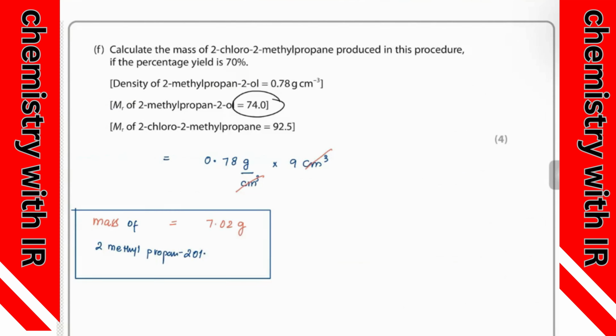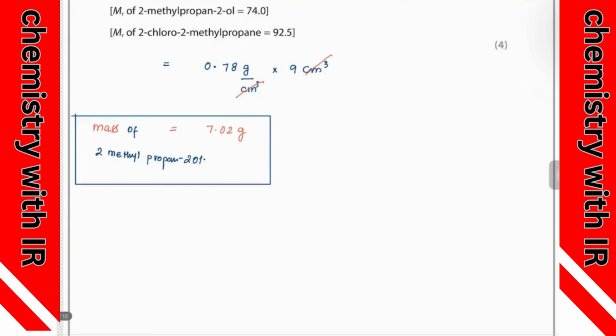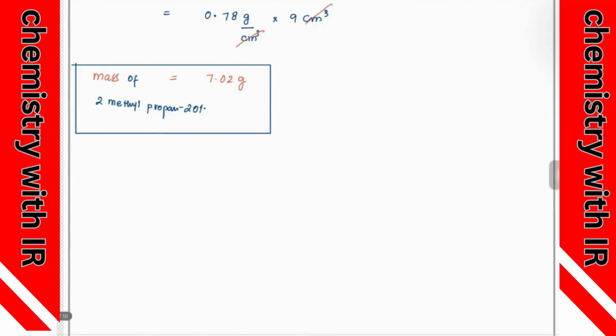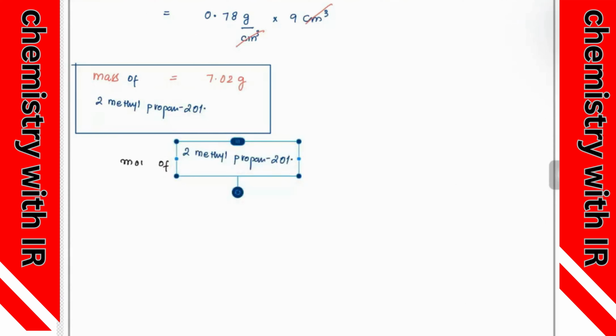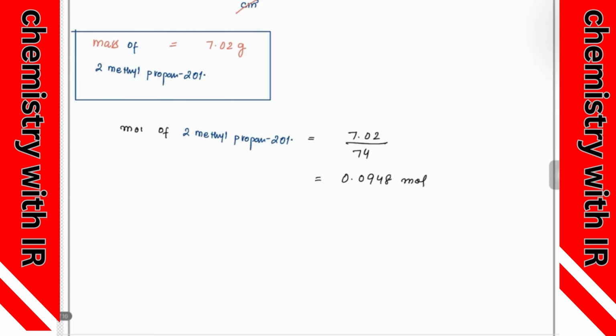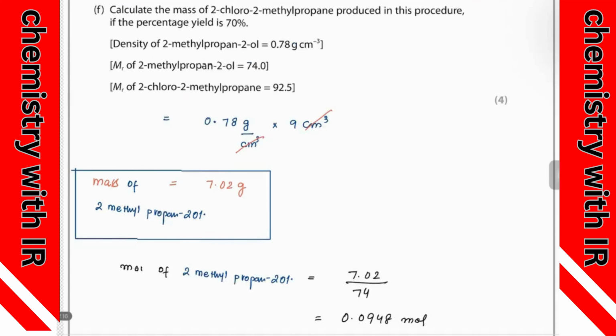And this is the MR of 2-methyl propan-2-ol. So I am supposed to first find out the moles of 2-methyl propan-2-ol. Moles equal mass divided by MR, that is 74. So I would have 0.0948 mole of 2-methyl propan-2-ol. Okay, I got the moles.